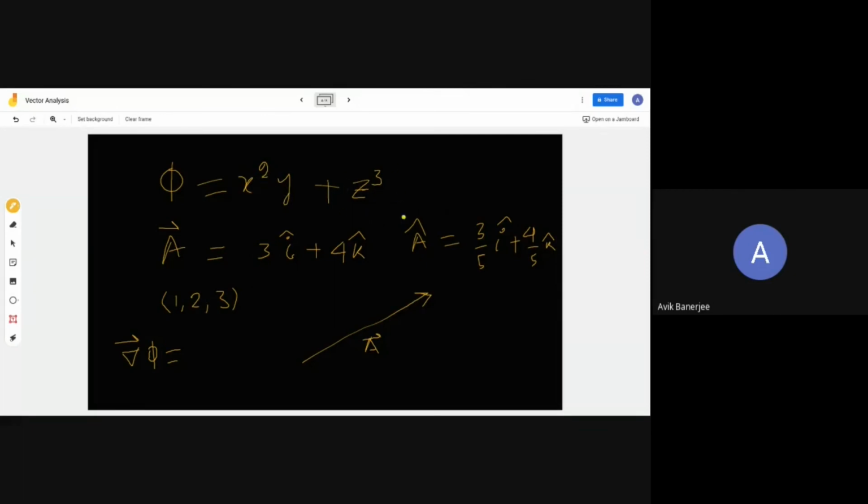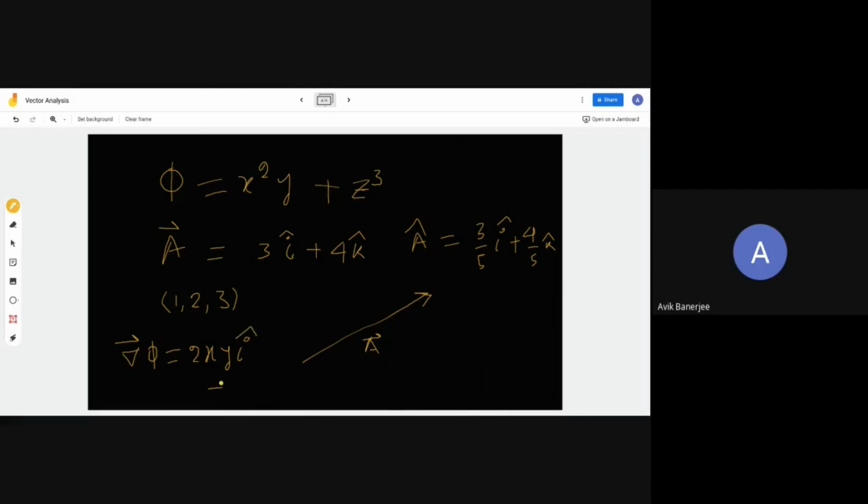This part will be 0. Partially differentiating means other variables should be held constant while differentiating with respect to a particular variable. So here we are differentiating with respect to x, so we are left with 2xy. So del phi del x is 2xy, so you have 2xy i cap.